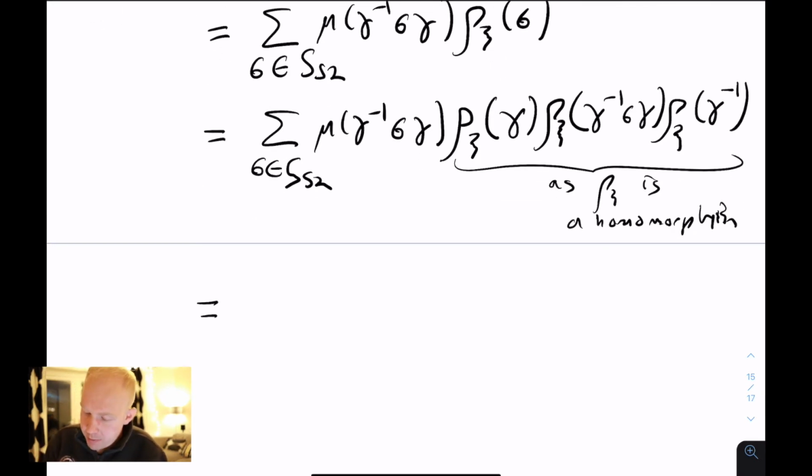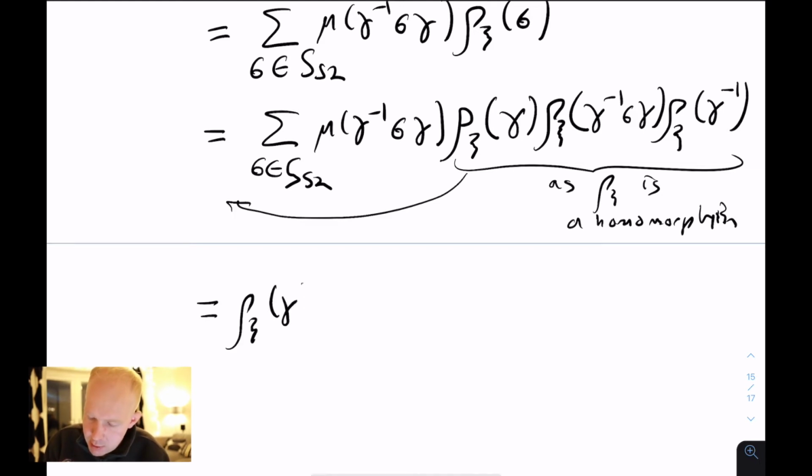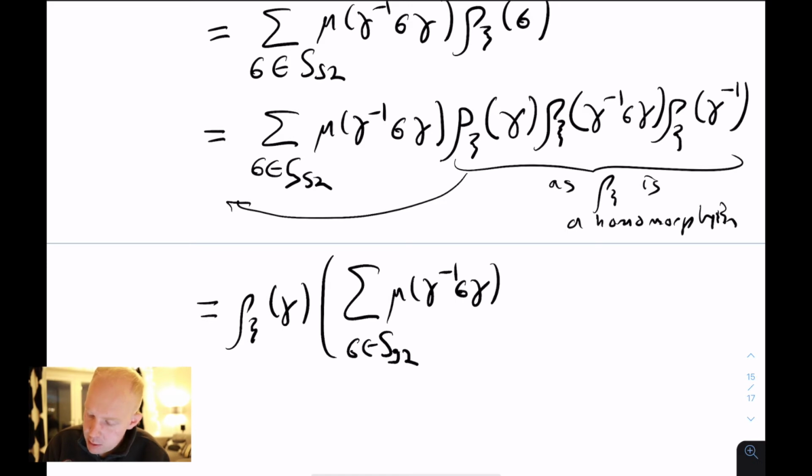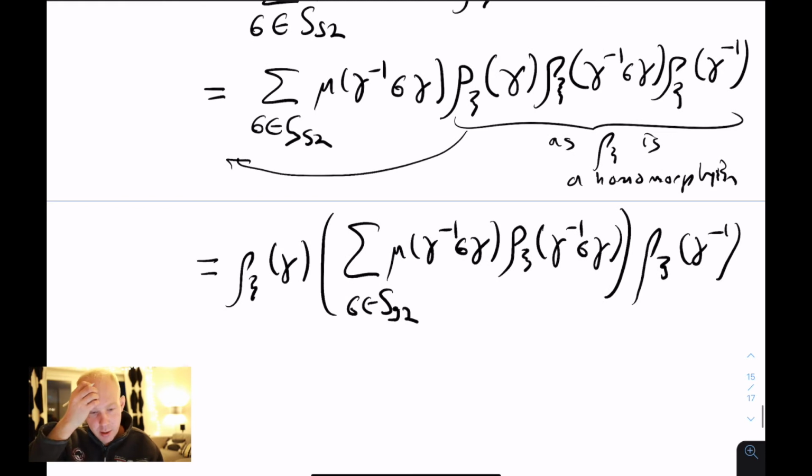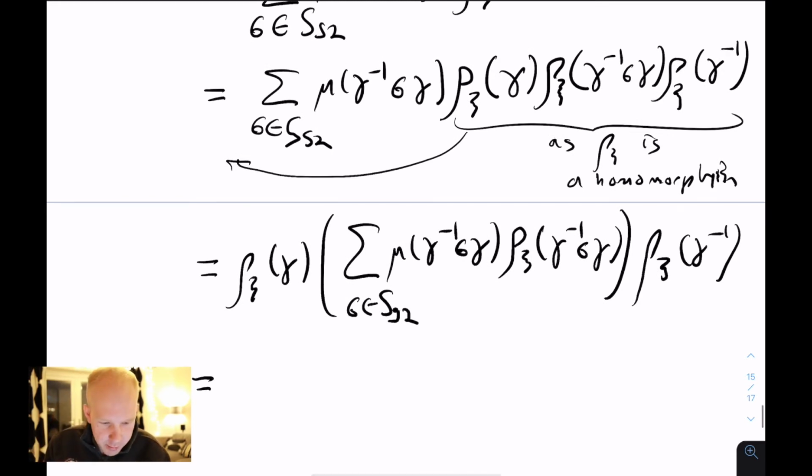So now I can take this matrix outside in the front, so I get rho psi of gamma, and get this summation over sigma in S52. I get mu of gamma inverse sigma gamma, rho psi of gamma inverse sigma gamma, and then I get rho psi of gamma inverse on the outside in this way. I just proved, because this is a bijection, that this actually sums over the whole space.